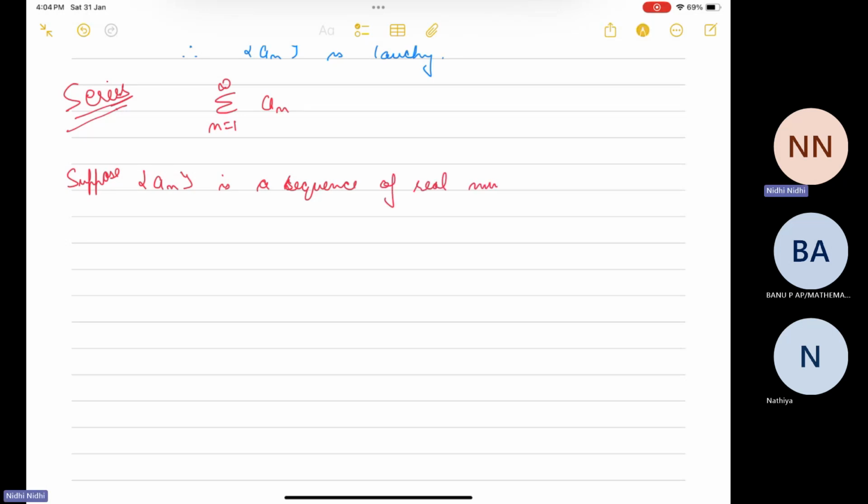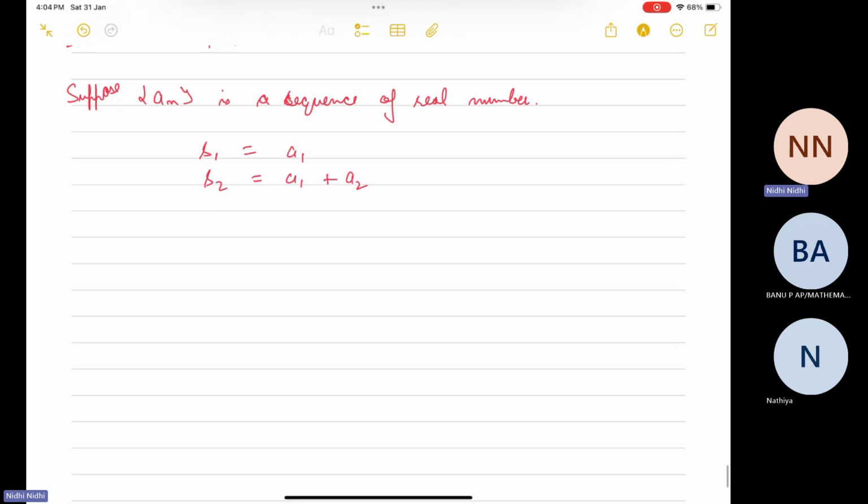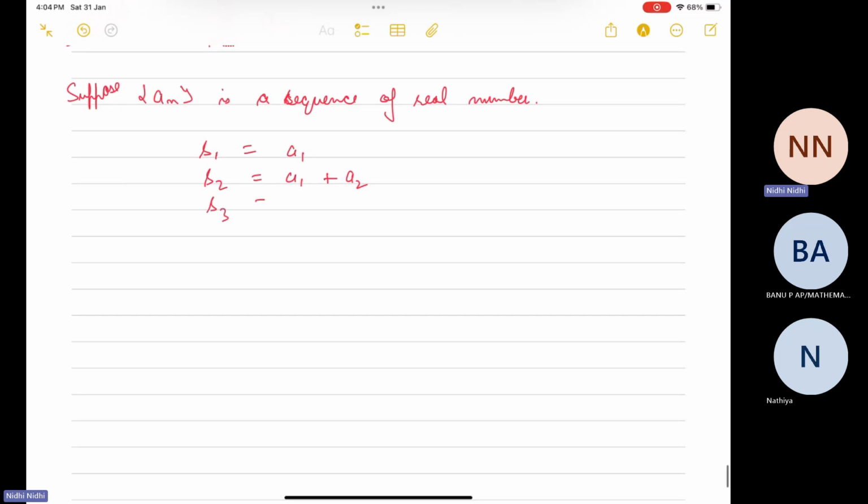Using this sequence, we construct another sequence S_n whose terms are S1 equal to a1, S2 the sum of the first two terms, S3 the sum of the first three terms, and so on. So the nth term of the sequence S_n is just the sum of the first n terms of the sequence a_n.